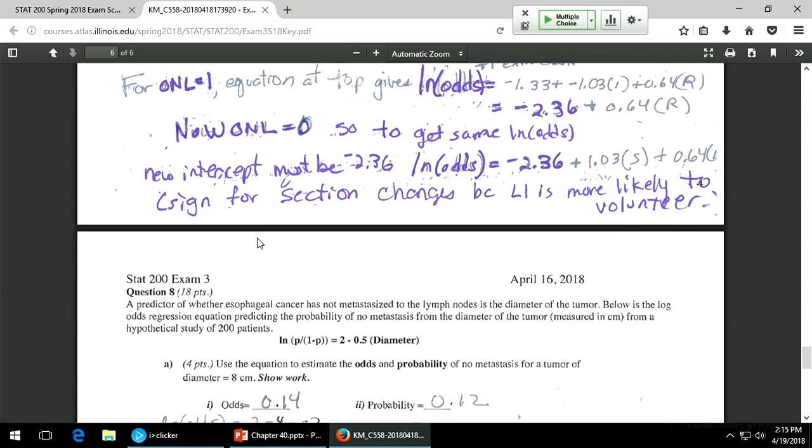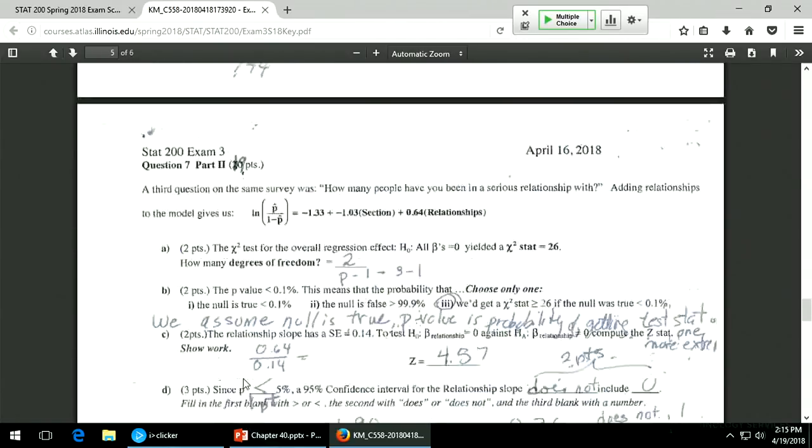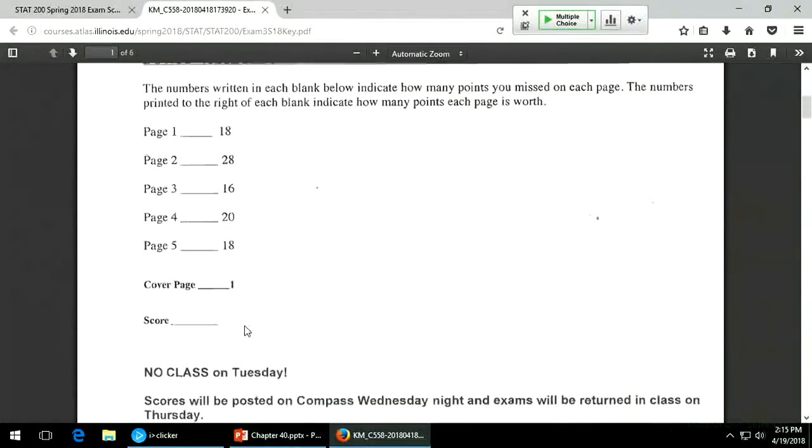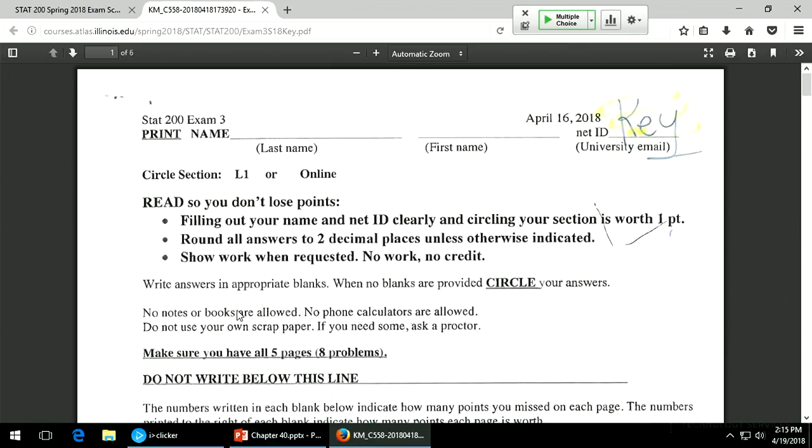Also, this is more mathematical, so people who are very used to log transformations probably find it much easier than people who aren't as familiar, so that might have made a difference too. I'm not sure. But anyway, it's a great average and median. It's exactly where I wanted it to be. So hopefully the final will be the same way. Any questions on this? If you have questions on your own, just come see me after class.